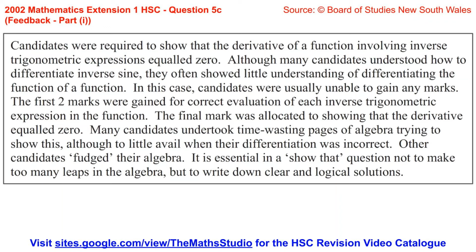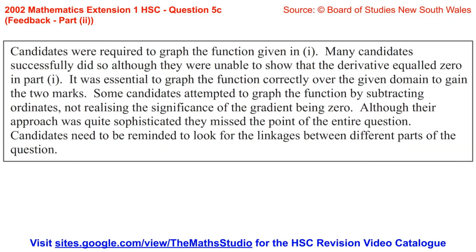Other candidates fudged their algebra. It is essential in a show that question not to make too many leaps in the algebra, but to write down clear and logical solutions. For part 2, candidates were required to graph the function given in part 1. Many candidates successfully did so, although they were unable to show that the derivative equals 0 in part 1.